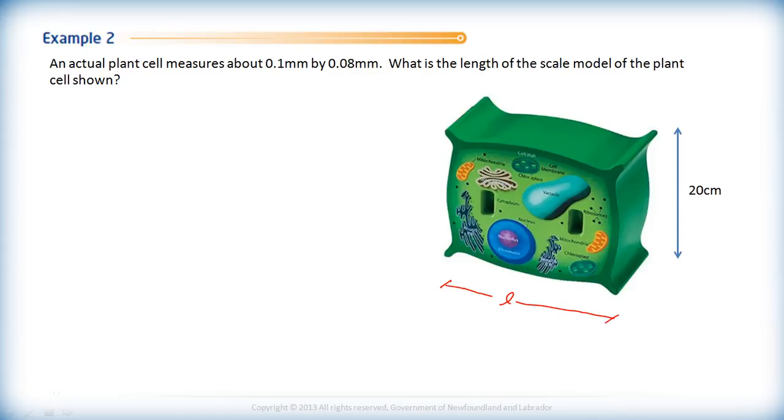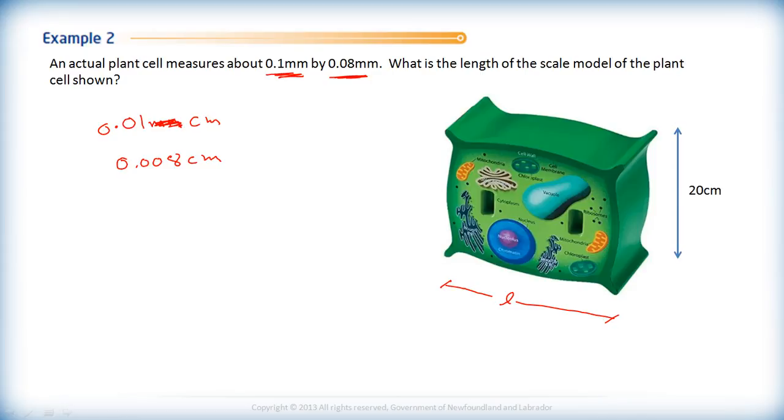Okay, so for an actual plant cell, the length would be 0.1 millimeters, and the width would be 0.08 millimeters. So let's convert things here to consistent units. So 0.1 millimeters, there's 10 millimeters in a centimeter, so that'd be 0.01 centimeters, excuse me. And 0.08 millimeters would be 0.008 centimeters. Okay, so those are our length and width.